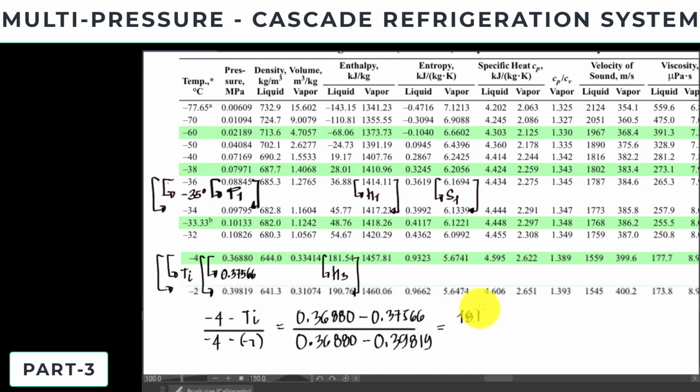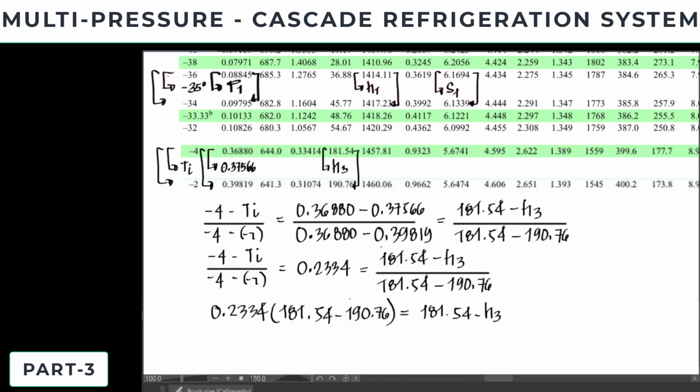So I have 181.54 minus my enthalpy 3, and this is all over 181.54 minus 190.76. Now we have here transposing, equating that one.